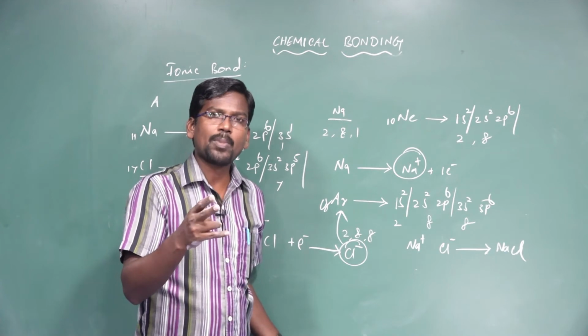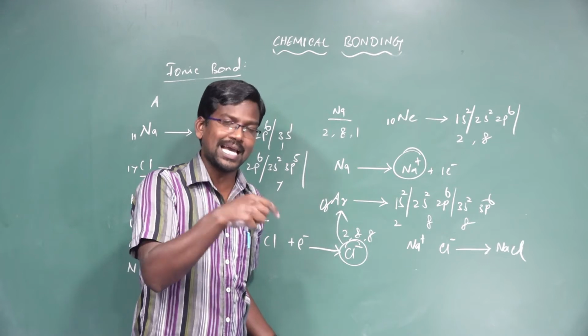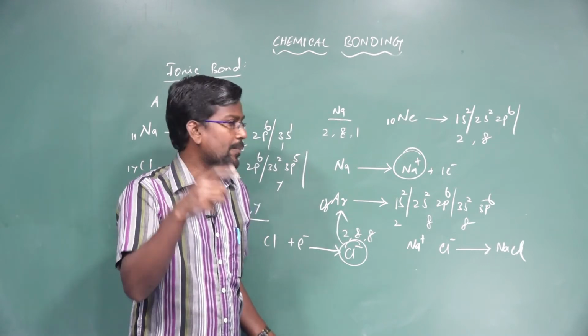The ionic bond is formed between two atoms by electrostatic force of attraction, so the ionic bond is otherwise called the electrostatic bond.